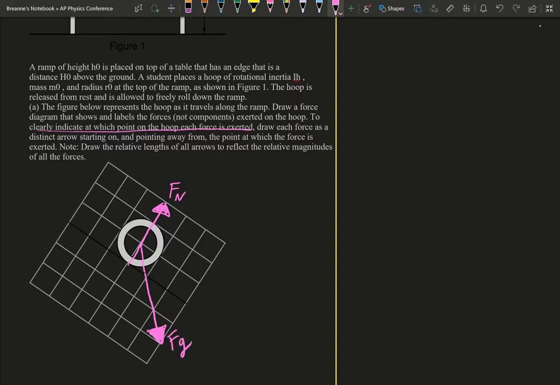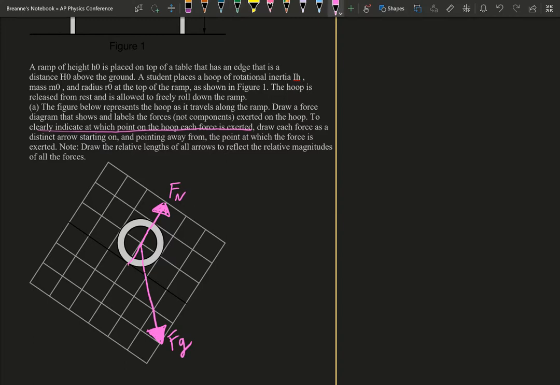Because force of normal and your force of gravity in the y should be equal. So if I drew my force of gravity in the y, it's 1, 2, 3 links. My force of normal is 3 links. So we're good there, but we're going to erase that because it doesn't say components. So force of normal coming up from the ground, force of gravity going straight down, and then we do have a force of friction.